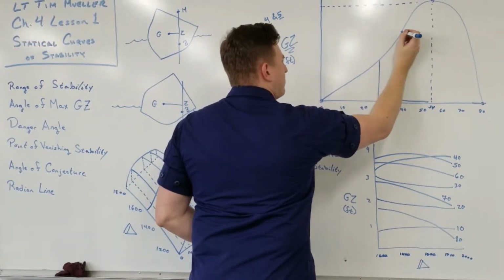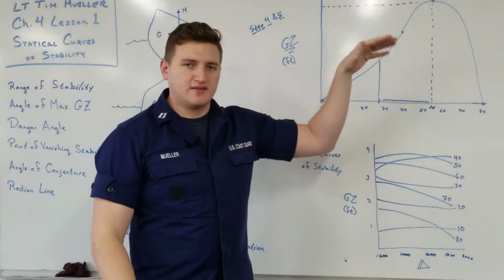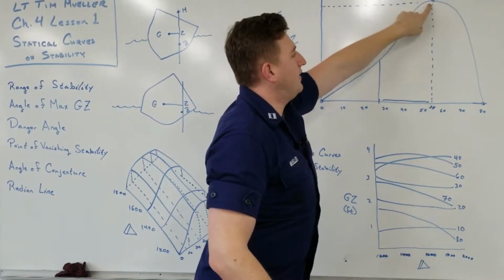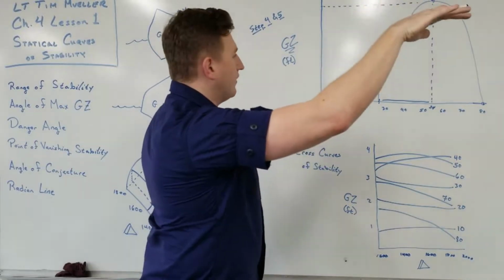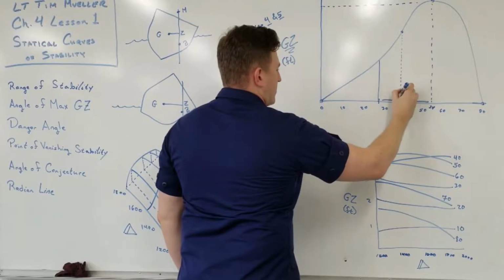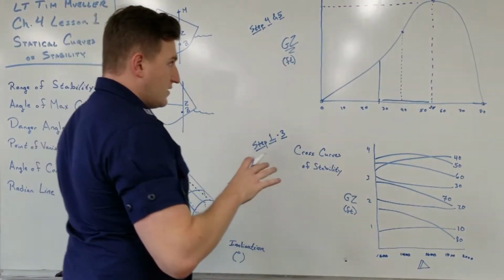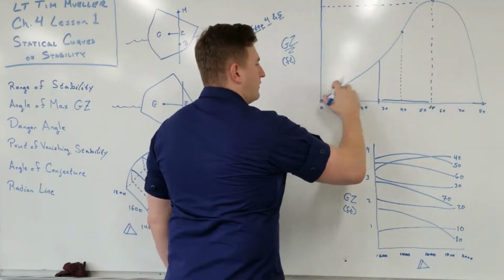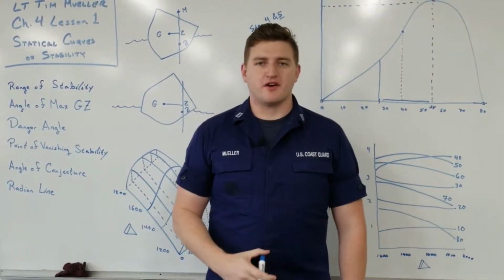Then, once it hits this point, as we keep going along our angles, it's still increasing, however, it's increasing less and less and less, until it eventually gets completely flat at that top point here. This point, where it goes from concave up to concave down, is our angle of conjecture. And to read the angle of conjecture, you just drop a straight line down, and it's going to be about 39, 40 degrees for this. So just remember, the angle of conjecture is where you go from holding water, think of a cup, holding water, to spilling water.